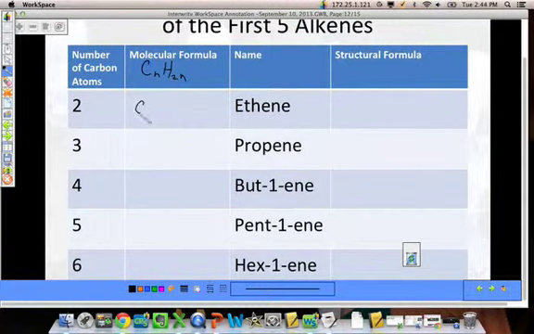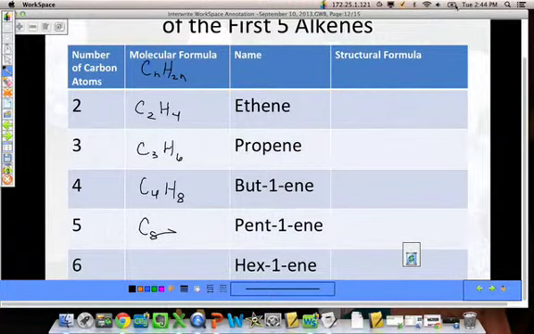So if my carbon is 2, my hydrogen is 4. If my carbon is 3, my hydrogen is 6. Carbon of 4, my hydrogen is 8. Carbon of 5, my hydrogens are 10. Carbon of 6, my hydrogens are 12.